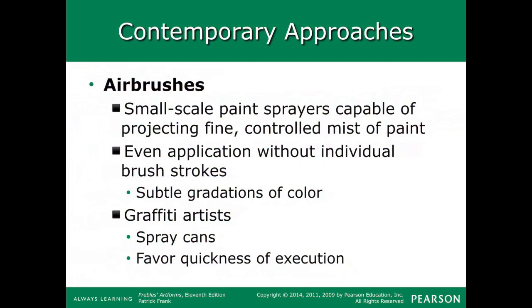Something interesting about airbrushes: maybe if you've ever been to the mall, there are vendors in the middle of the aisle who can make shirts for you. A lot of them can make their art on the spot, and they do this using an airbrush.